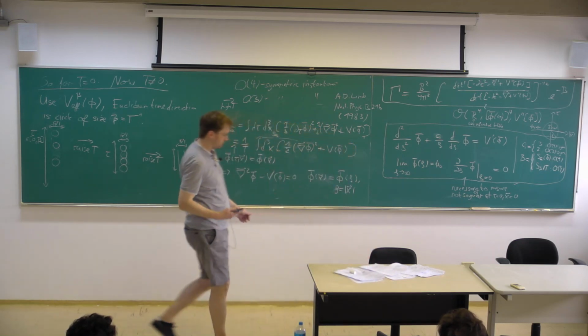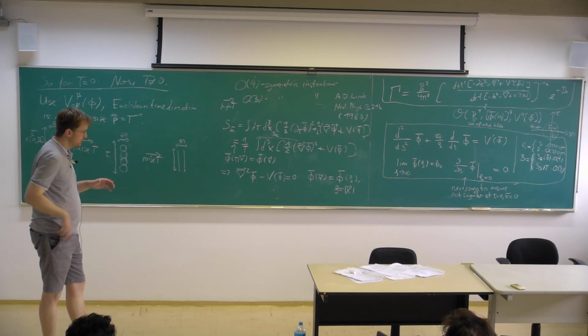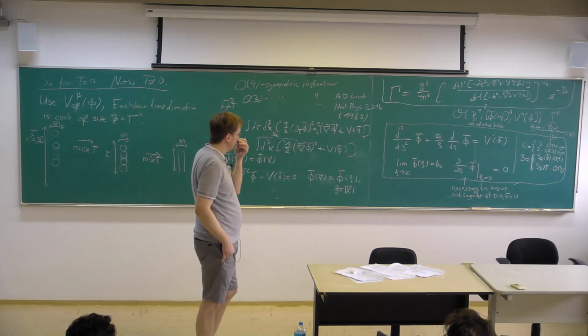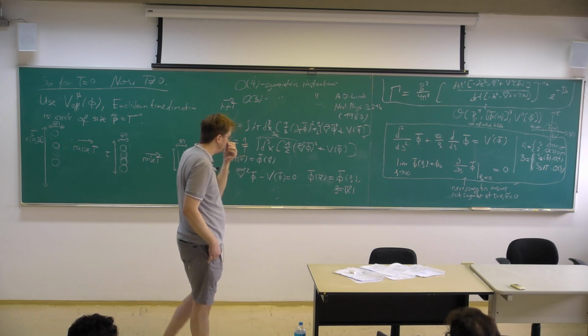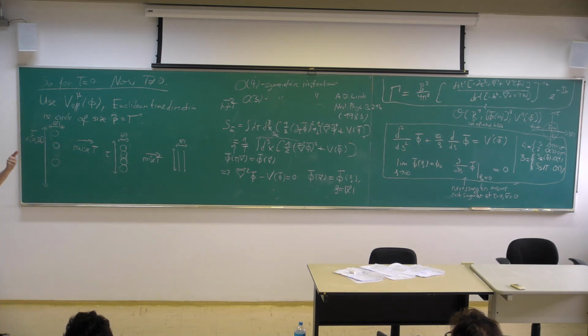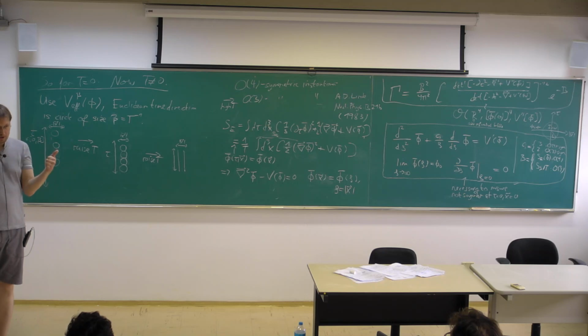Okay, just to summarize what we did. We essentially learned three things. We learned how to calculate radiative corrections to a scalar potential at zero temperature. We learned how to calculate thermal radiative corrections.